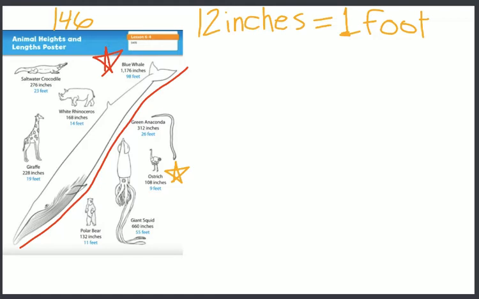So when you're measuring with a ruler, your ruler is 1 foot long, or 12 inches long. And remember that because an inch is shorter than a foot, there are more inches than feet when we look at the measurements of the same animal.